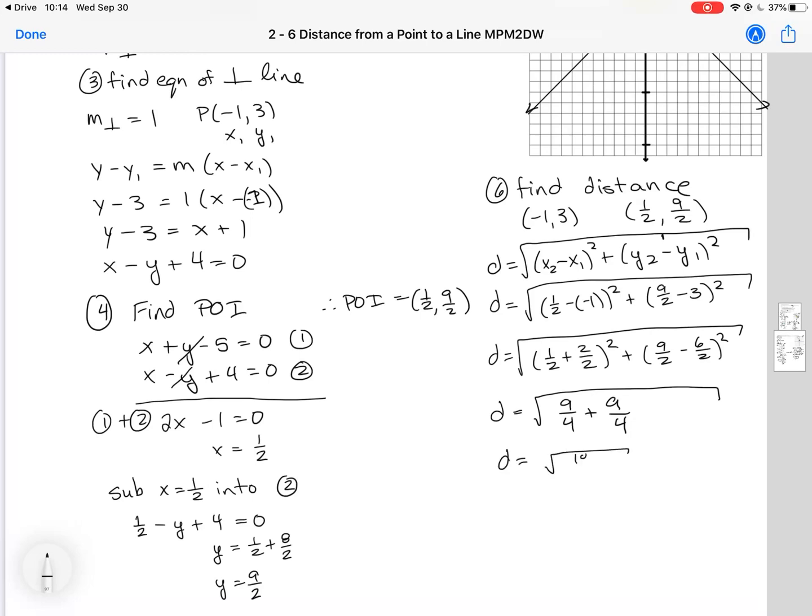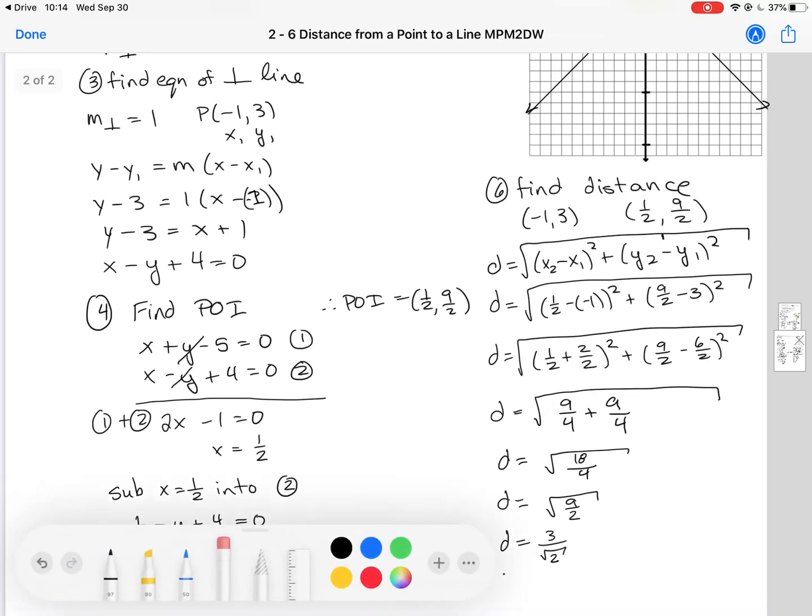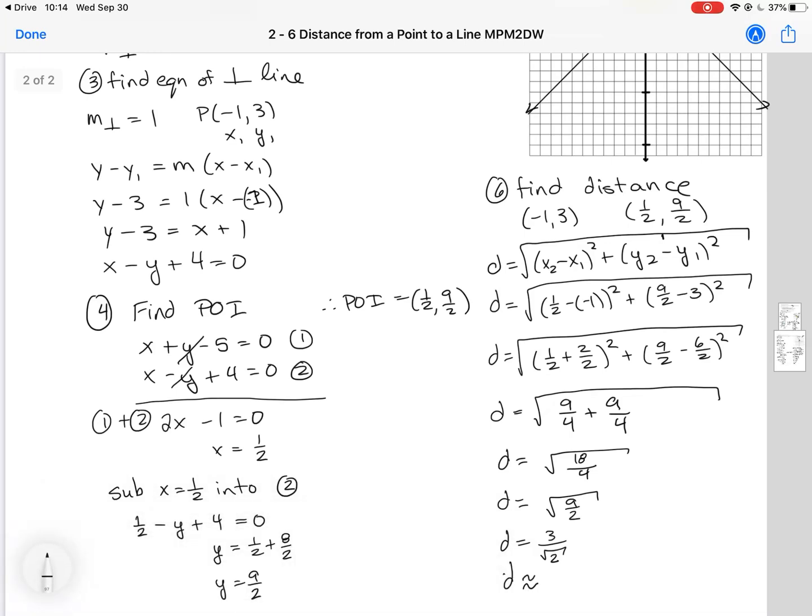So that means that my exact answer is going to be root 18/4, which I can actually reduce, well, in a couple different ways, but I can reduce this as root 9/2. And then I can even simplify a little bit further to be 3/√2, which as a decimal is going to be approximately 2.1. Two examples on how to find the distance from a point to a line.